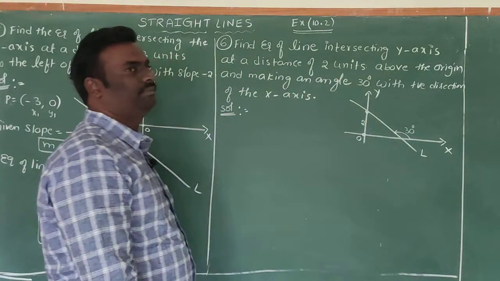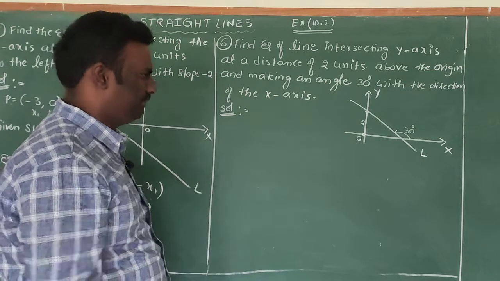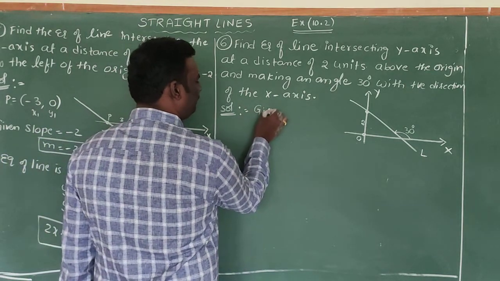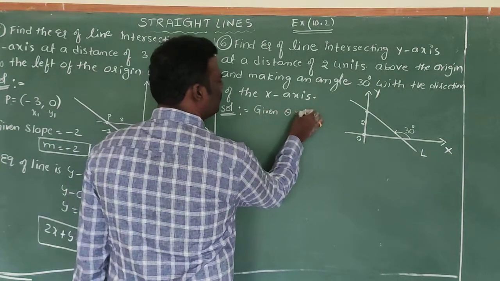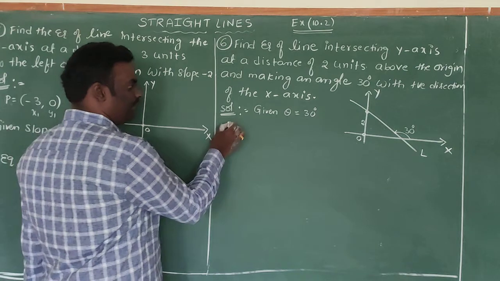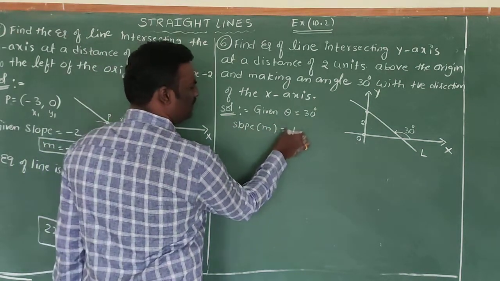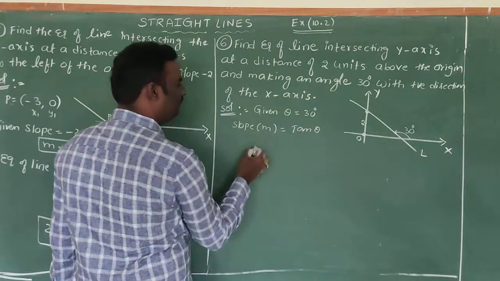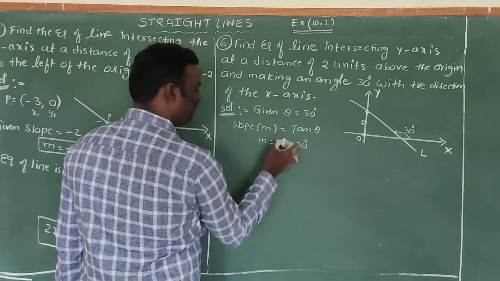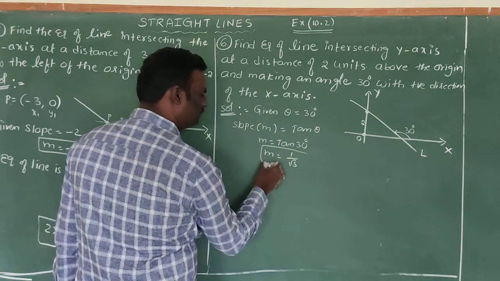And makes angle 30 degrees. This is a rough diagram. Okay. Given theta is equal to 30 degrees. I am finding slope. Slope m is equal to tan theta. That is m is equal to tan 30. Tan 30 value is 1 by root 3.